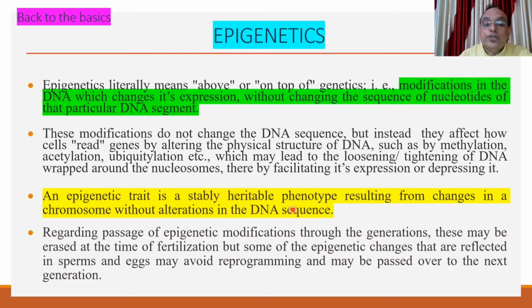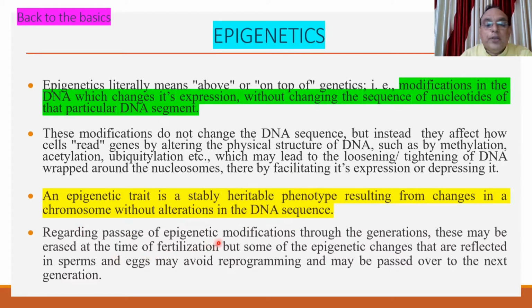It results in a stably heritable phenotype, that is, the characteristic expression of genotype into a phenotype. So these epigenetic factors act without alteration of the sequence of DNA, but they are stable and they can very much be transferred from one generation to another, so they are heritable too.